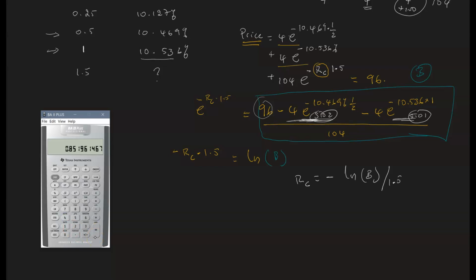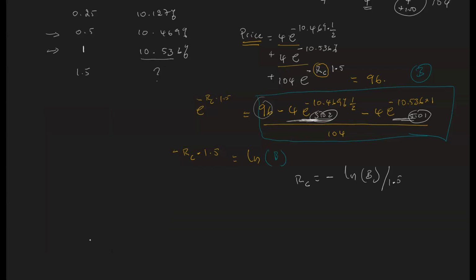That gives me that value, and that is going to be B, right? I'm going to take the log of B. I'm going to multiply that by minus 1, so I remove the negative sign, and I divide that by 1.5 equal. So that gives me 10.68%. So my zero rate with the maturity of 1.5 years is going to be 10.68%.